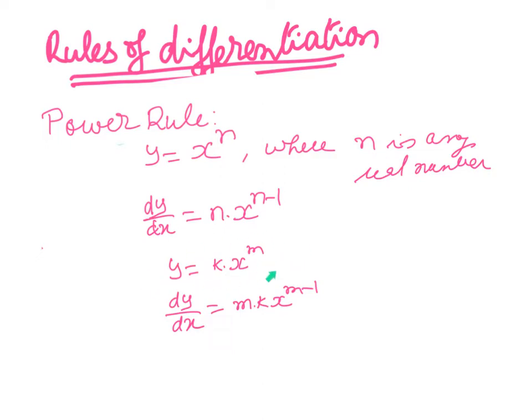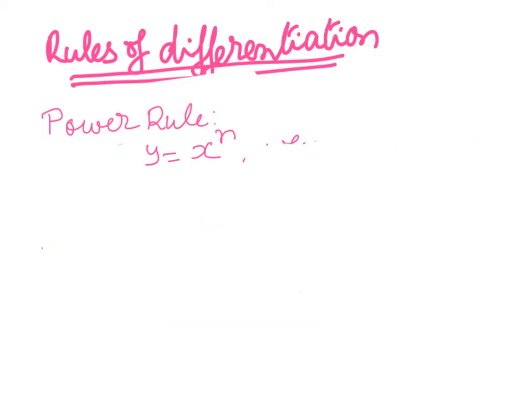So this is the only rule that we are learning here. The second rule is called the constant rule.